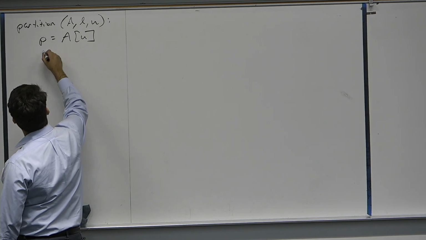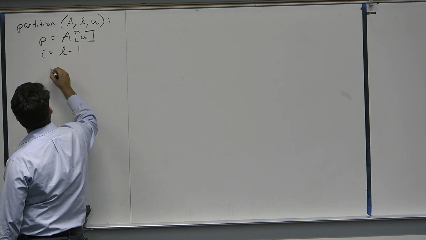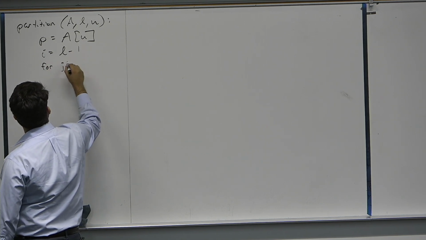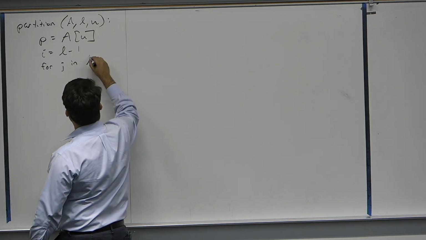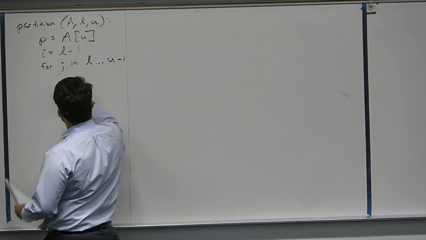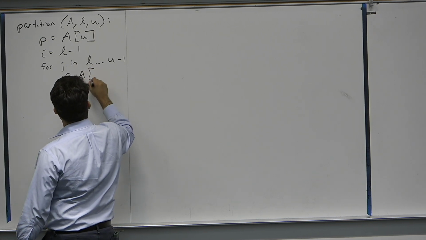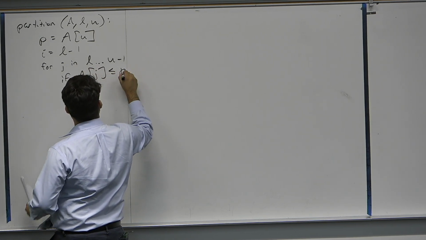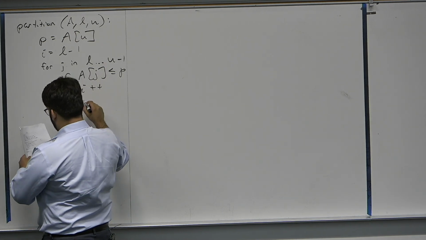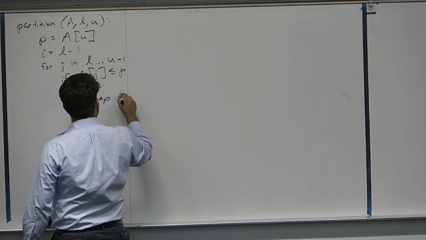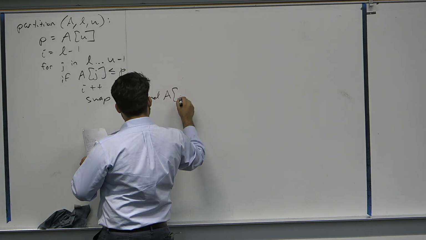And then it's going to keep two counters: I starts at L minus 1, and then for j in L to U minus 1, if A of j is less than or equal to the pivot, we increment I, and then we swap A of I and A of j.